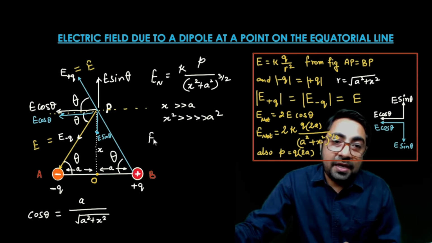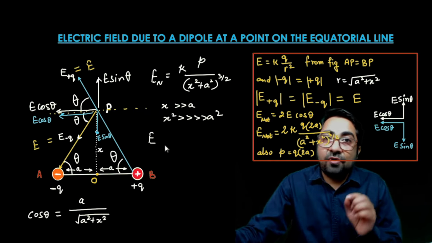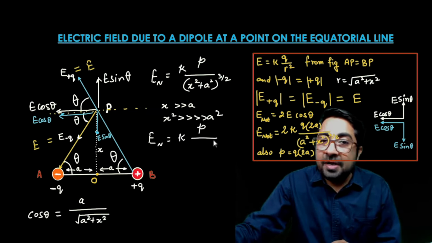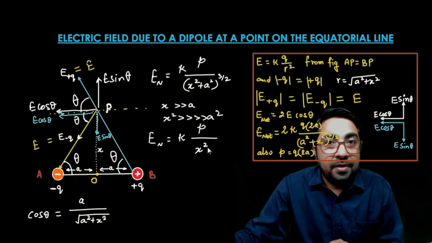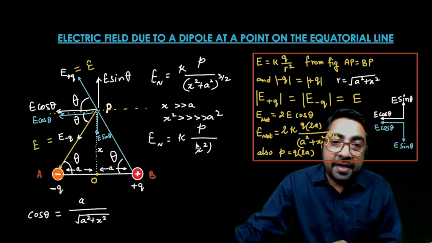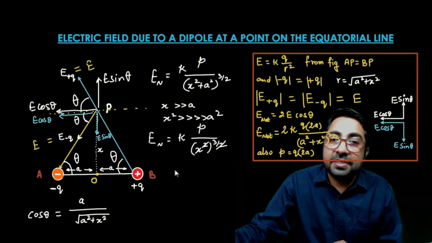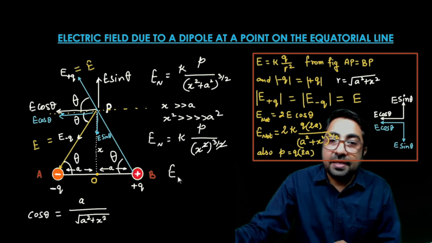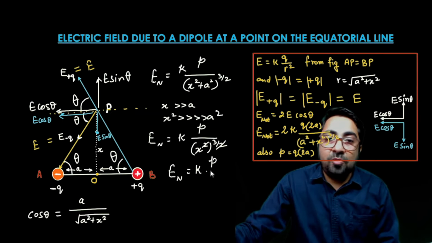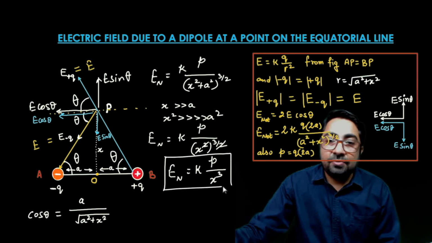Then the electric field intensity at the equatorial point for a short dipole is equal to K P upon x square to the power 3 by 2, since I have already neglected a square. The 1 by 2 cancels with the square. So the total electric field, E net, is equal to K P upon x cube. This is the electric field intensity due to a short dipole.